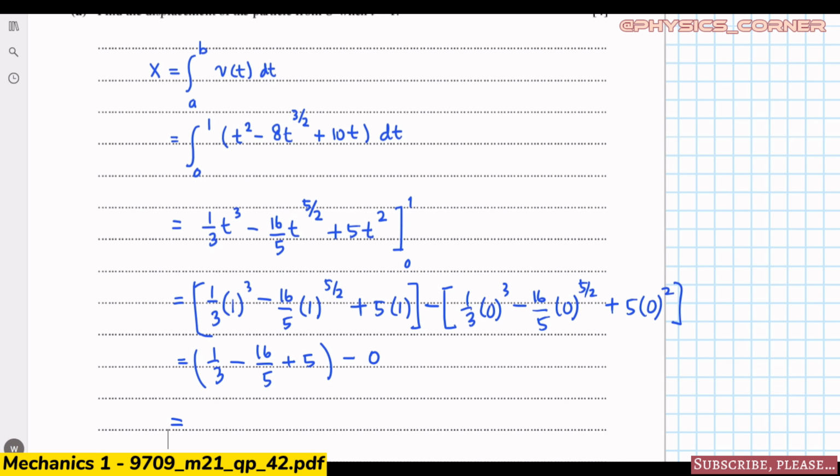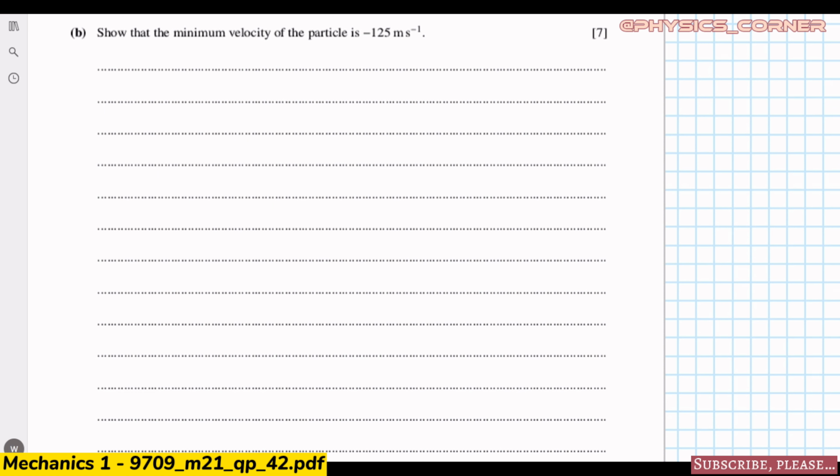Then question B, it says the minimum velocity of the particle is negative 125. The minimum velocity is when the acceleration is 0. We find the acceleration first by differentiating the velocity.